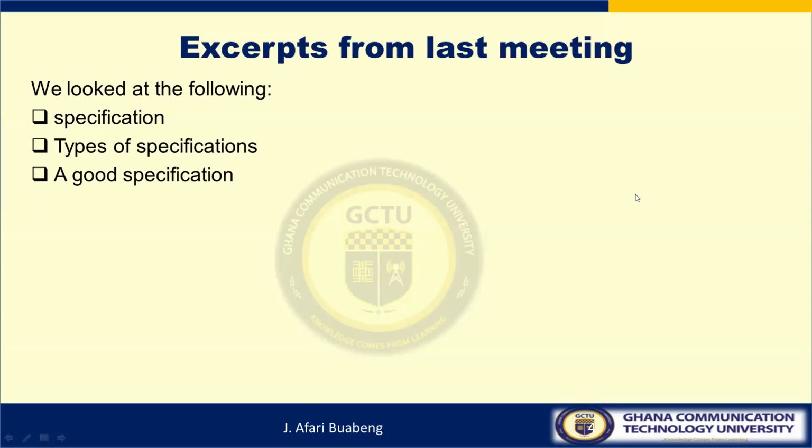Emmanuel. So, sir, for the specification, one of it is to clearly define the buyer's requirement. Wonderful. So that is what I mentioned, that once a specification is drafted, first it defines what the purchaser or the buyer wants to procure.